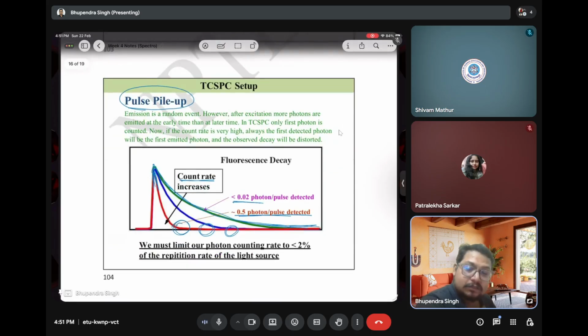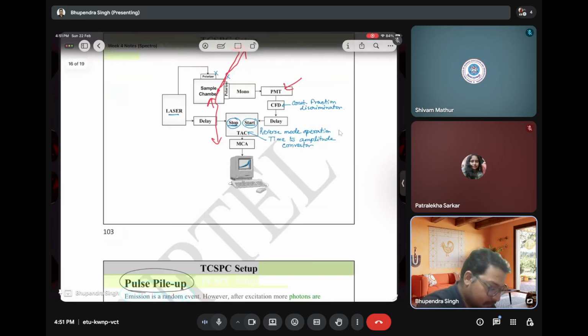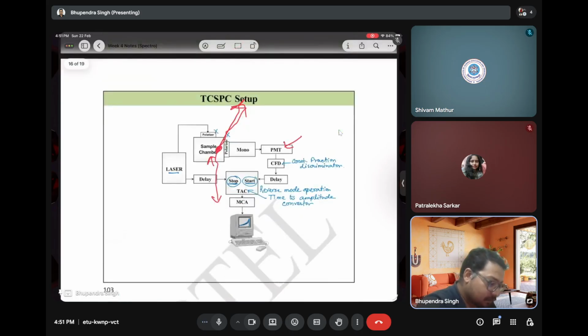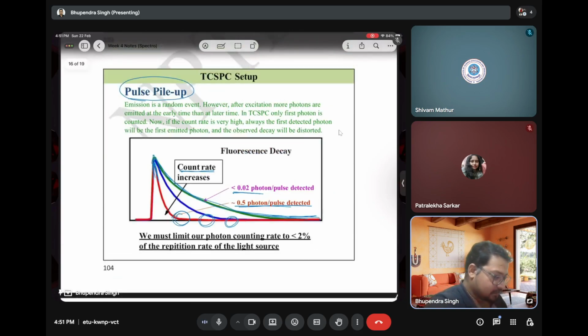If the count rate is too high, then what will happen? The probability of the first emitted photon to be detected will be higher at the shorter time. If the count rate is high, the number of photons, the frequency of photons to be detected, is higher.